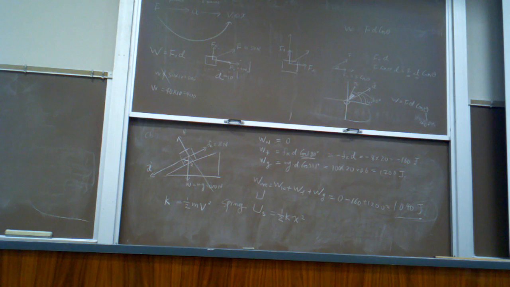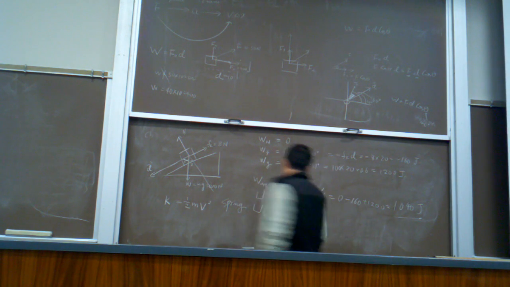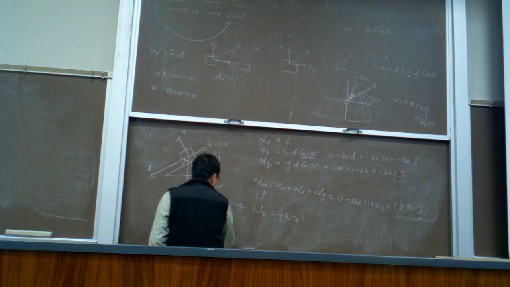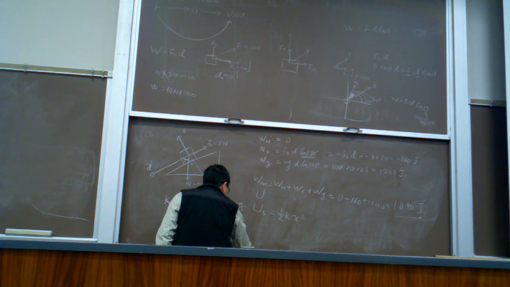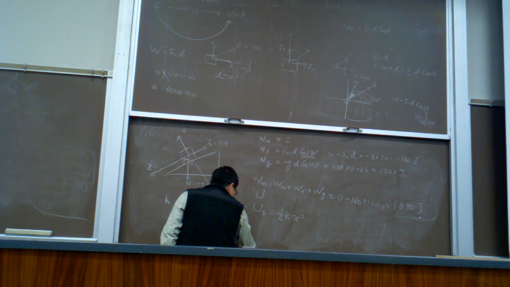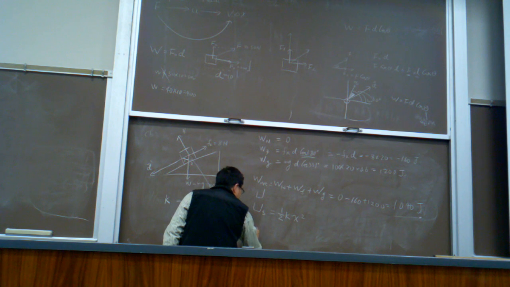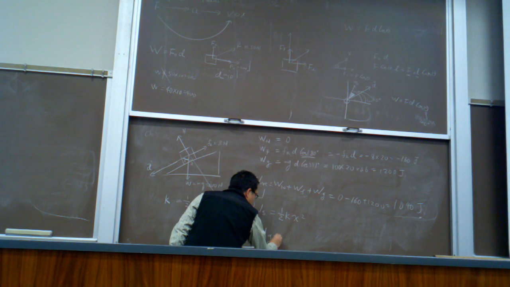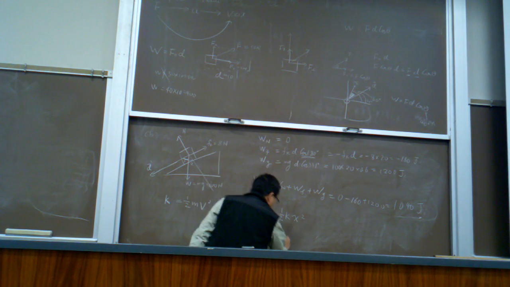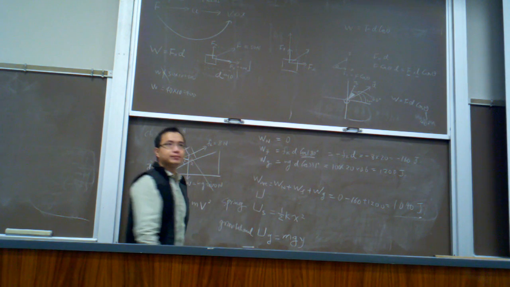So the spring potential energy equals this. And then for the gravitational potential energy, we call it UG. It can be calculated as mg multiplied by y.